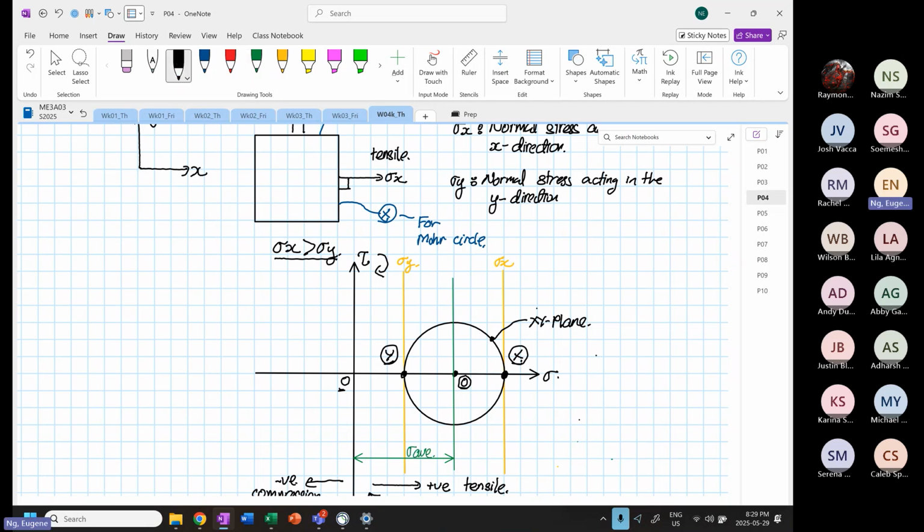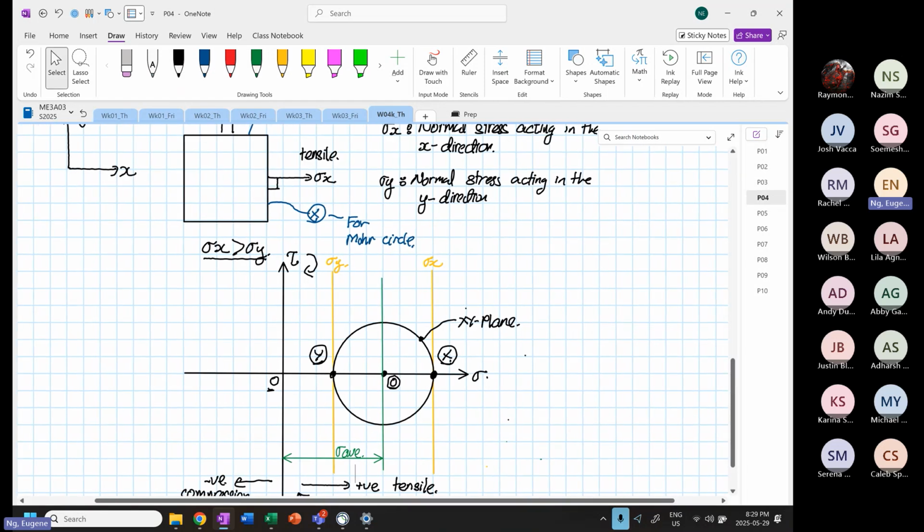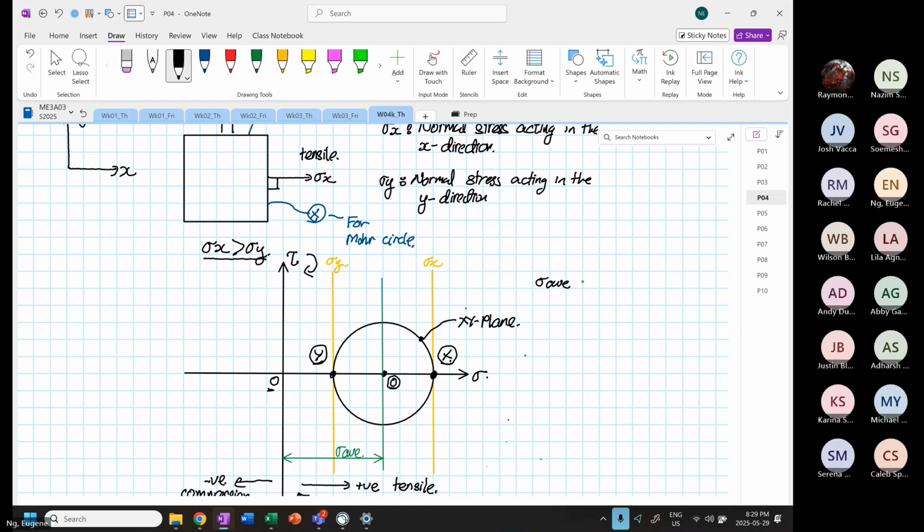Okay. So stress average formula is really straightforward. So stress average is also equal to the center of circle and is also equal to stress X plus stress Y divided by 2. Okay. So that's how you calculate the center of circle.